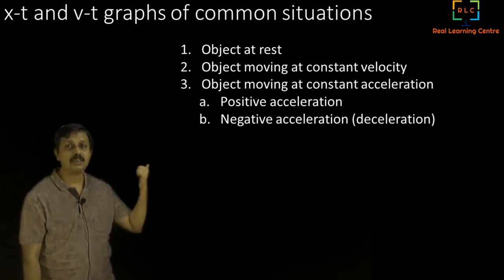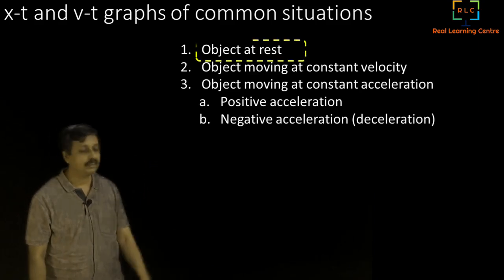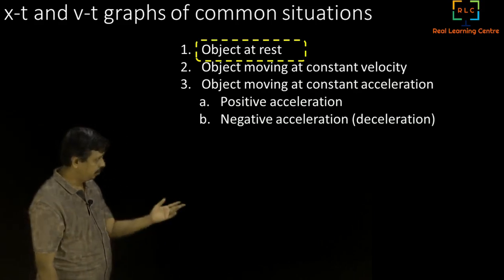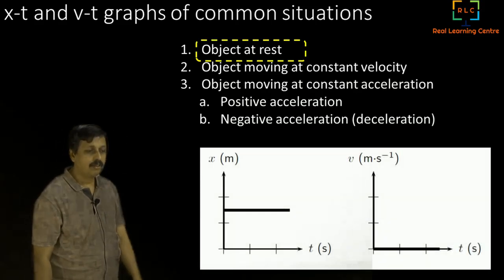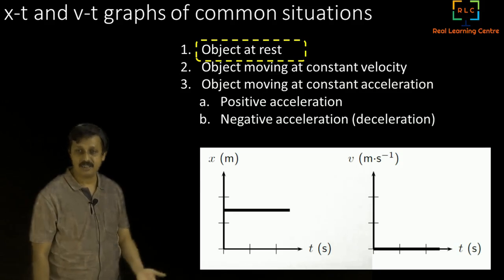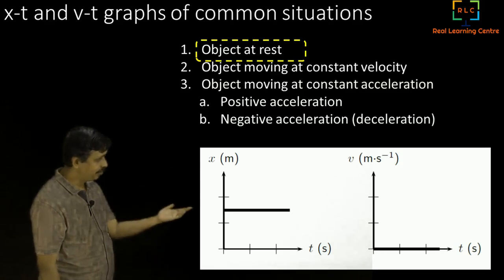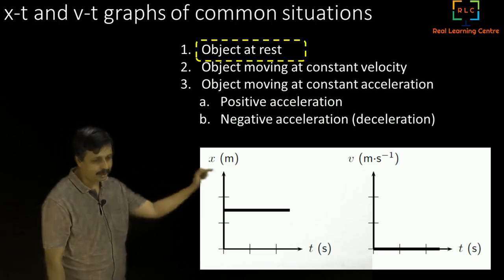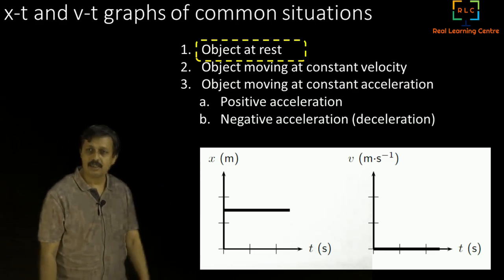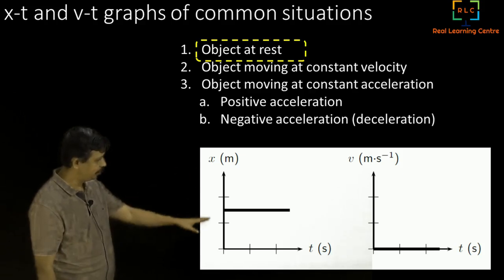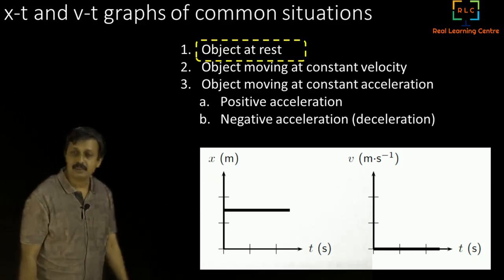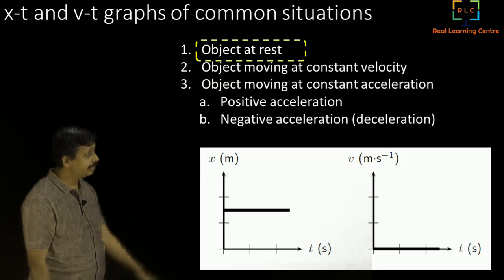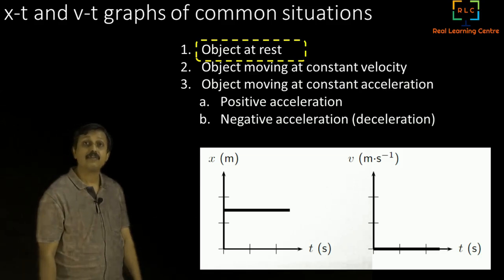So the first one, object is at rest. This is our first plot, where the first one is an x-t graph. You can see that it is at rest, meaning it is at the same place at every point in time. So it's a horizontal line, at rest at some distance from the origin. The second one is velocity.